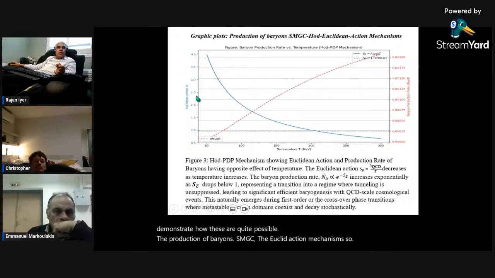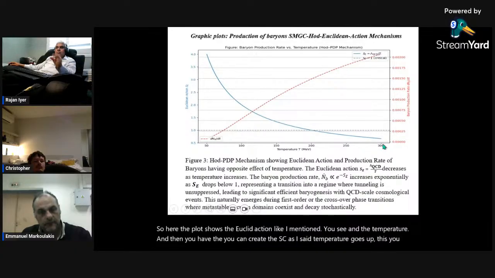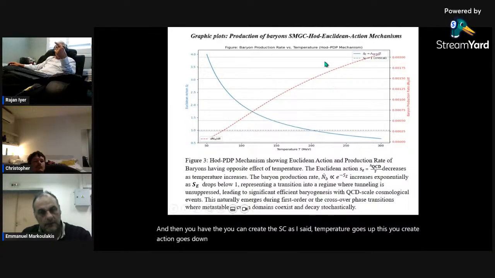Here the plot shows the Euclid action, like I mentioned, against the temperature. As I said, as the temperature goes up, this Euclid action goes down. Hence, the production rate increases, right? Because of the negative exponent in the exponential.